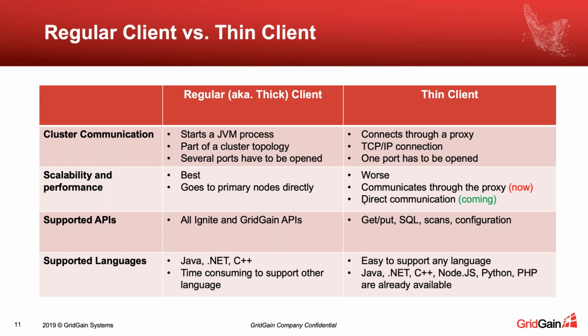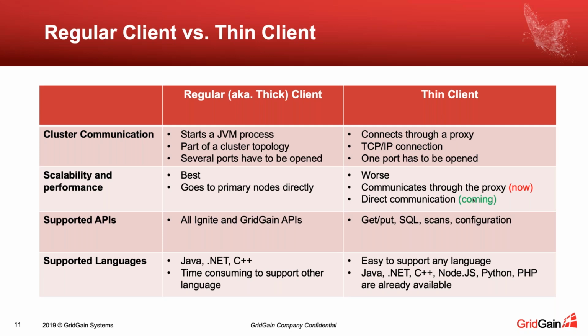But what we are working on is direct communication. Generally speaking, we are going to release partition awareness. So your client still will be connected to one of the proxy nodes, but it will be getting information about the data distribution. So your Node.js applications locally will be aware of partitions. They will know where each record resides.